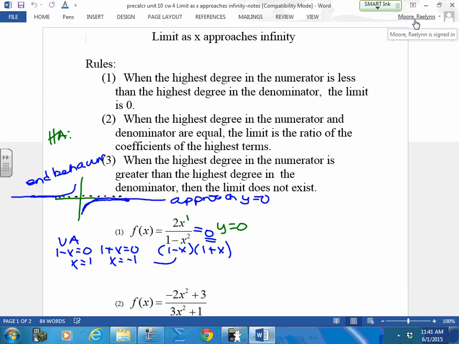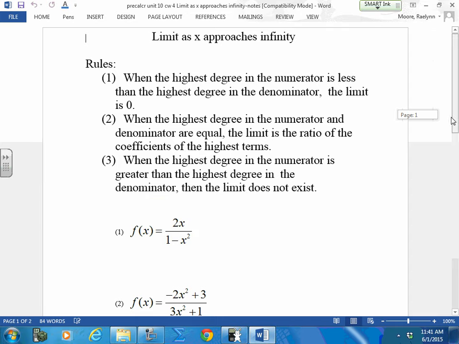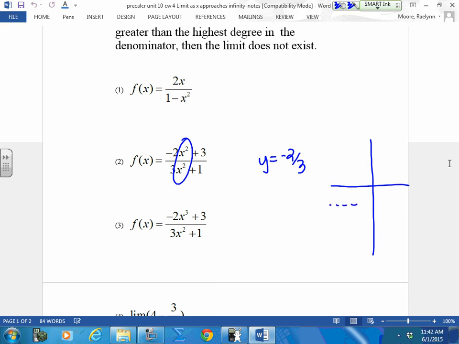Okay, that was one condition. We had another condition. When the degree in the numerator is the same as the degree in the denominator, they're both a 2. We made a ratio. So now I have y is equal to negative 2/3.